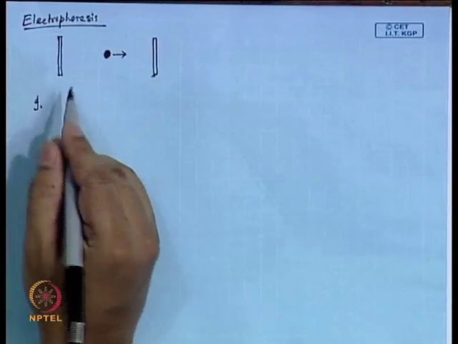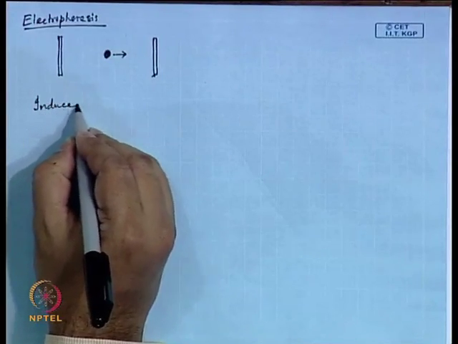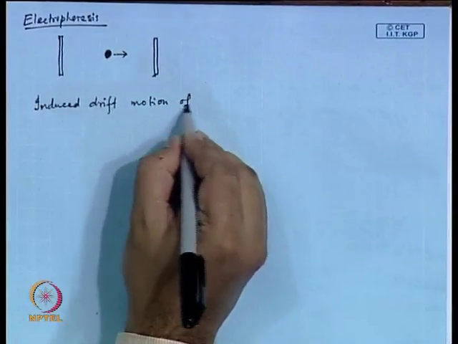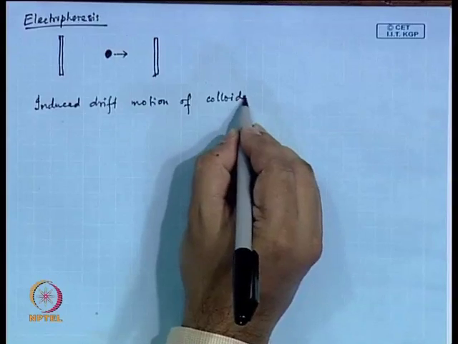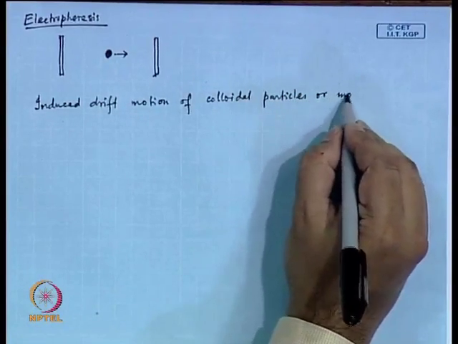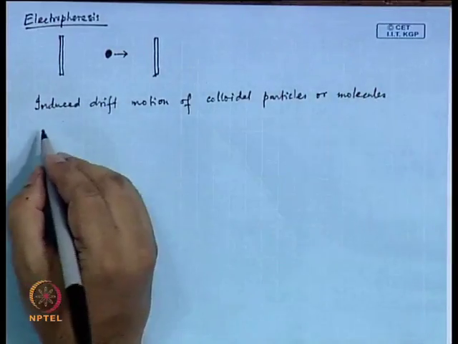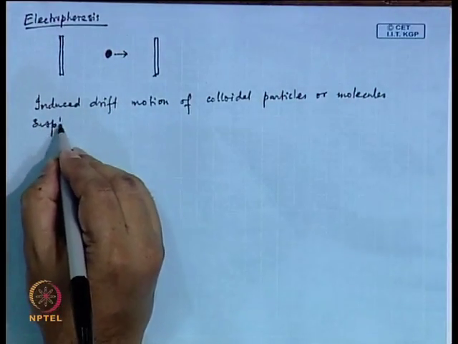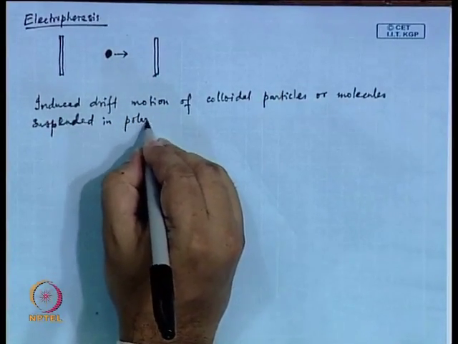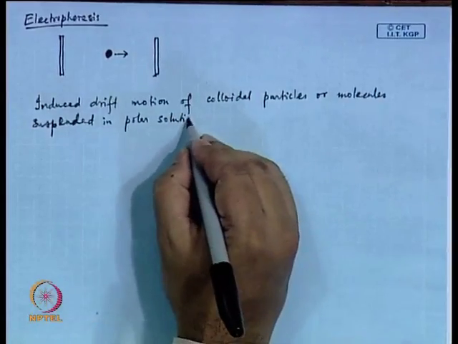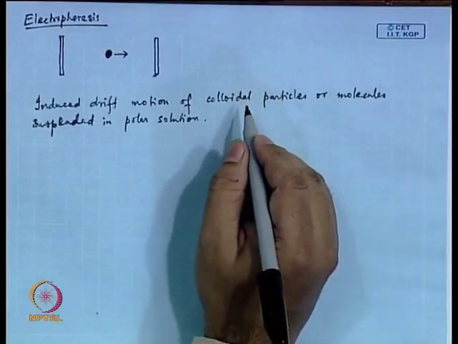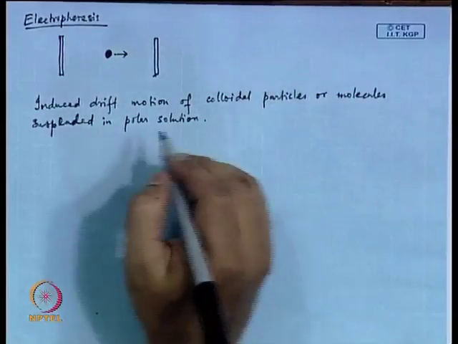In electrophoresis, what we have is induced drift motion of colloidal particles or molecules suspended in polar solutions. Now, this induced drift motion is possible because of the application of an electric field.